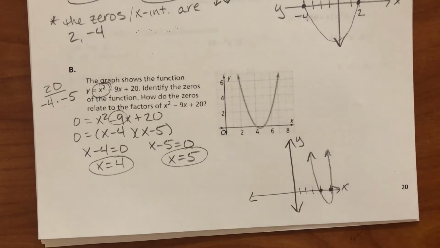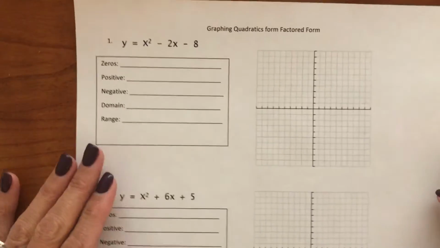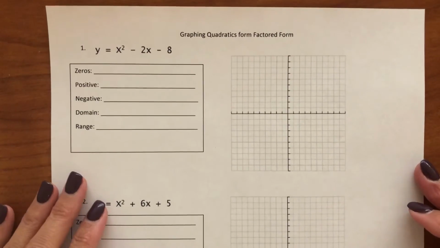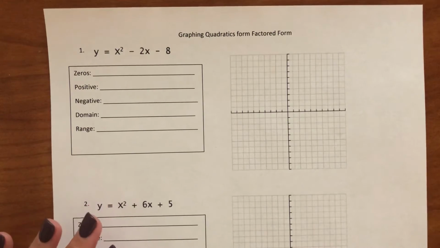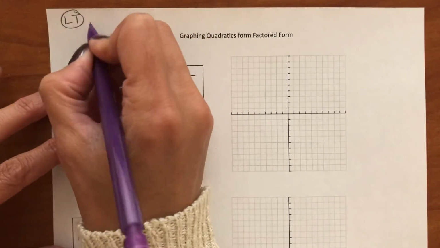All right, so let's take this a step further. So we're going to use this whole process, but we're just going to add one more thing to it. We're going to find positive and negative intervals. All right, so looking at the worksheet attached to the lesson here, we're going to do our second and final learning target here.